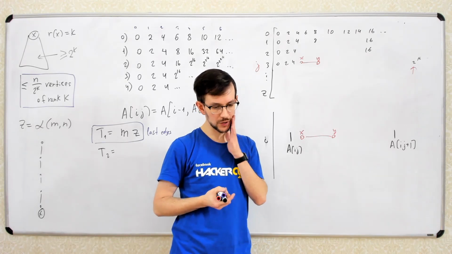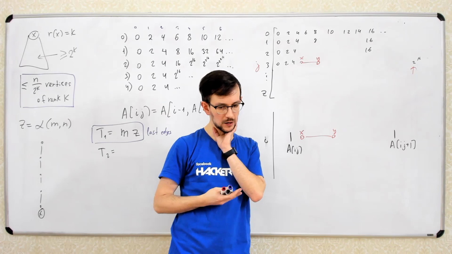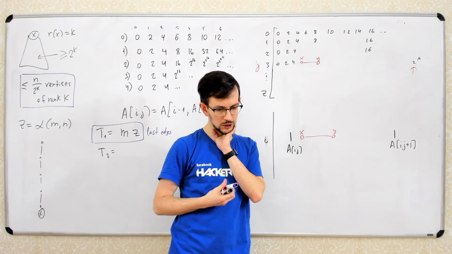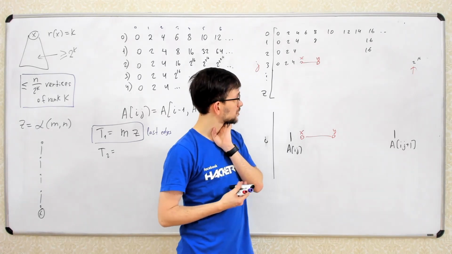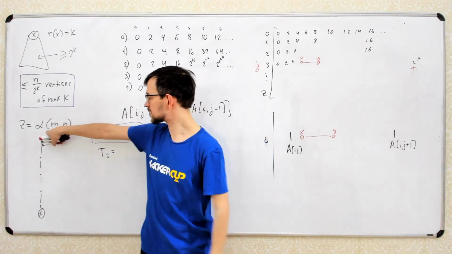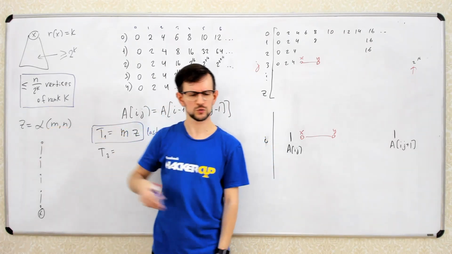Yes, if we use the rank heuristic, the rank will be at most log n. That's true. This will reduce, but not significantly. We will adjust this alpha.